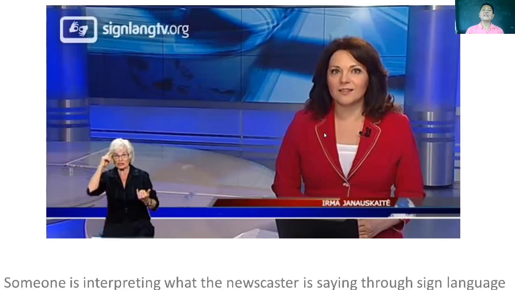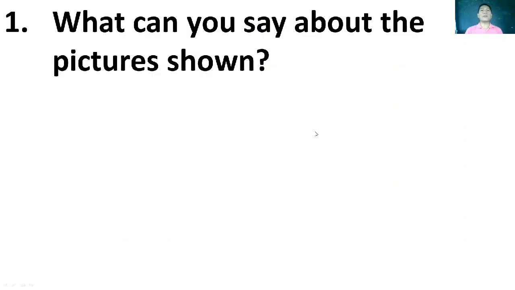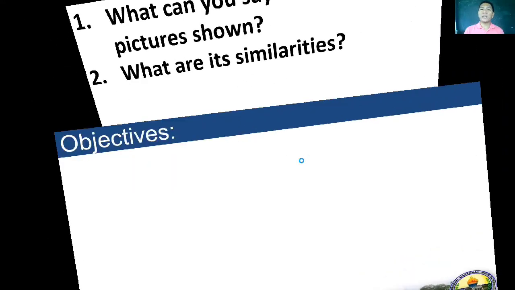Someone is interpreting what the newscaster is saying through sign language. So what can you say about the pictures shown? They have similarities, no? They are similar. And what are their similarities? Of course, they are all about interpretation.